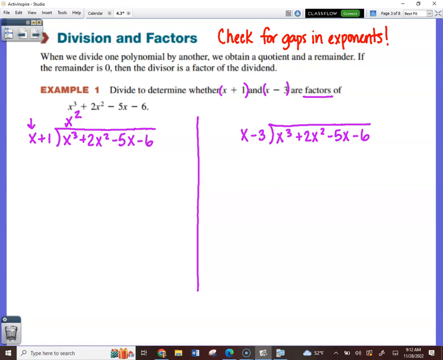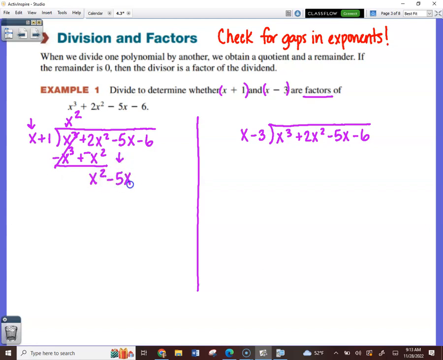So x squared times x is x cubed. X squared times 1 is x squared. Then you draw a line to remind you to subtract. Okay? Watch. Cancels. If it doesn't cancel, you did it wrong. 2x squared minus x squared is x squared. Then you bring 1 down.